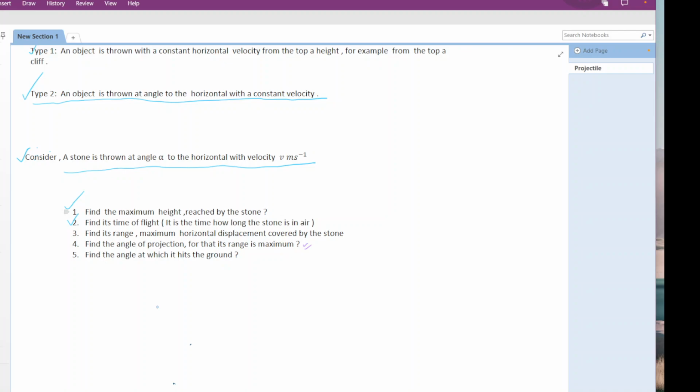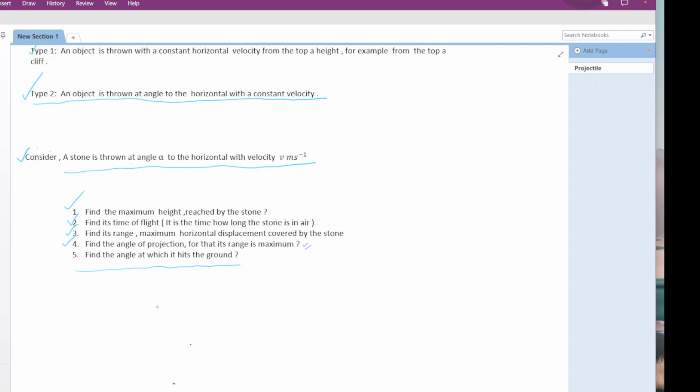Question 3: find its range, that is the maximum horizontal displacement covered by the stone. Question 4: find the angle of projection for which its range is maximum. And question 5: find the angle at which the stone hits the ground.